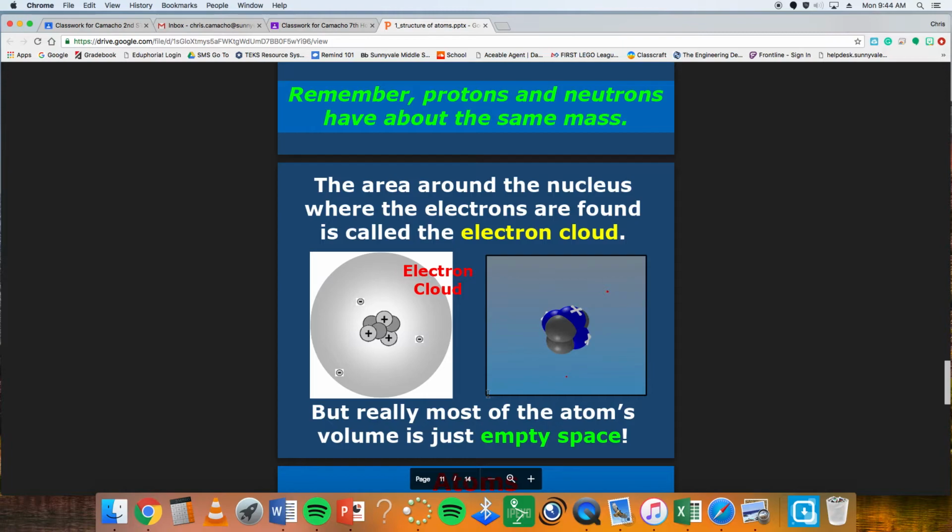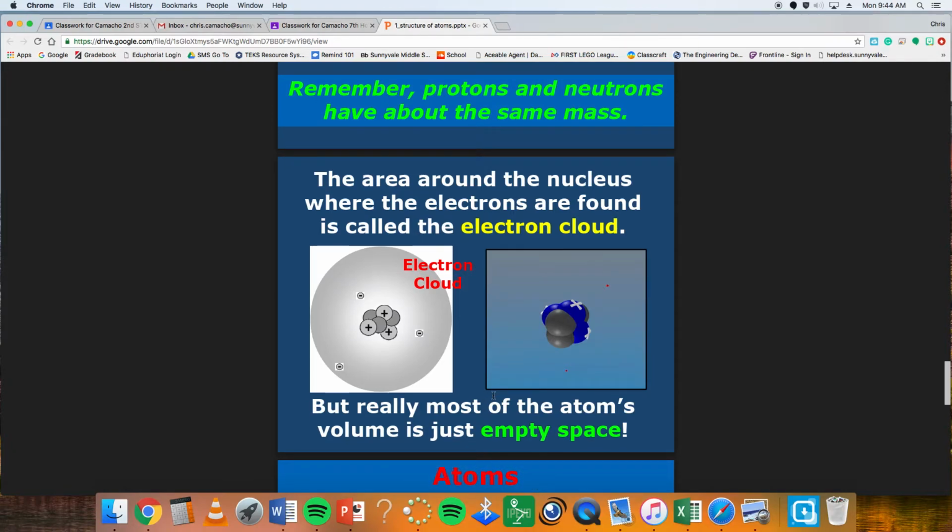Electrons are found around the outside in the electron clouds, also called the orbital, the energy shell. But they are practically weightless.